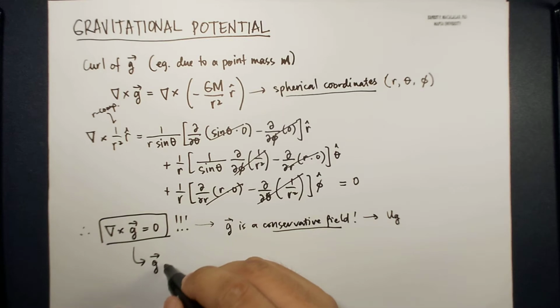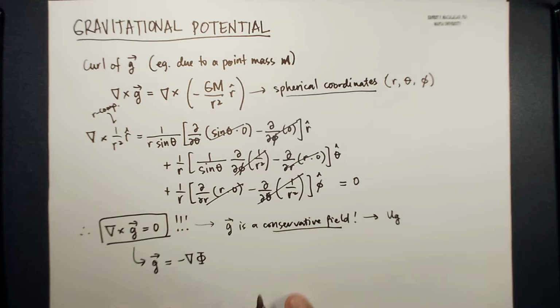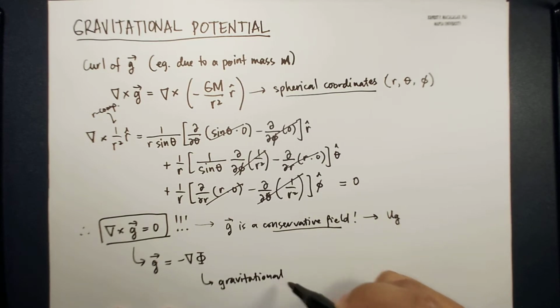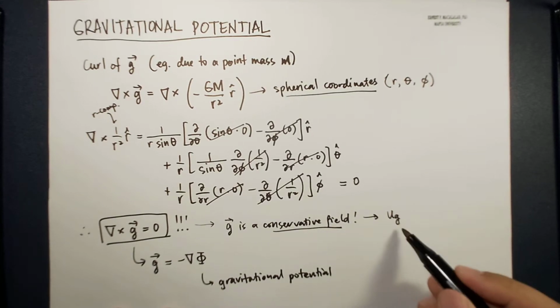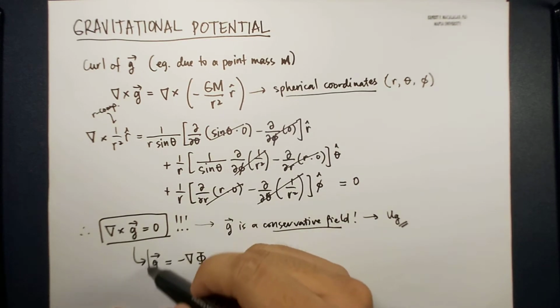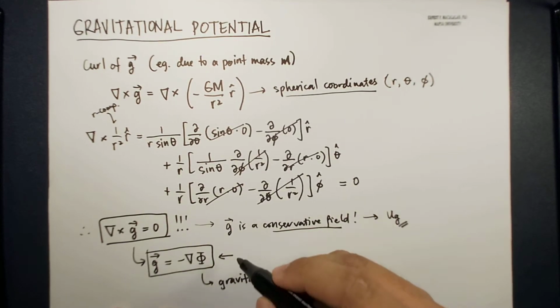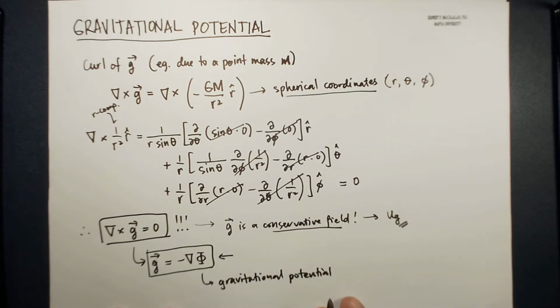So here we write g is negative gradient of phi, where phi is what we call your gravitational potential. And this is different from the potential energy that we're going to use. This definition is formulated by virtue of the fundamental theorem of gradients and Stokes' theorem.